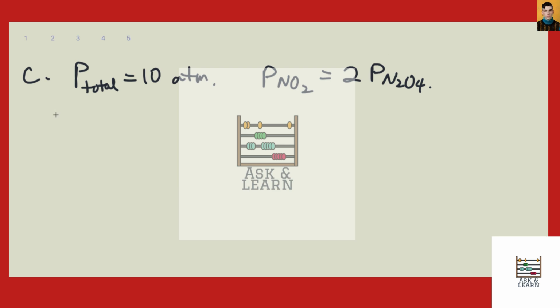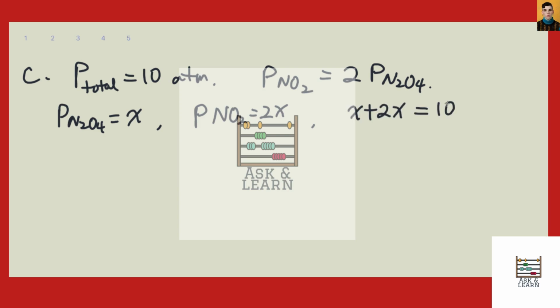If we assume P of N2O4 equals X, P of NO2 will be 2X. In this case, X plus 2X equals 10, 3X equals 10, and X will be equal to 10/3. So the pressure of N2O4 will be 10/3 atmosphere, and the pressure of NO2 will be 20 divided by 3 atmosphere.